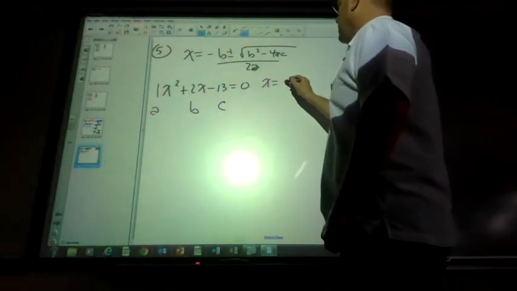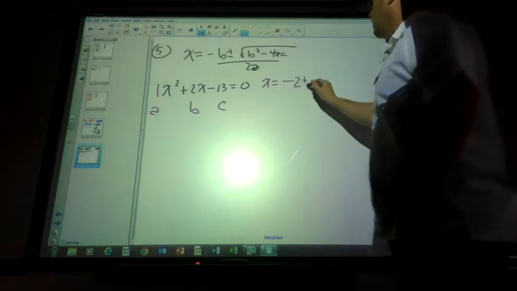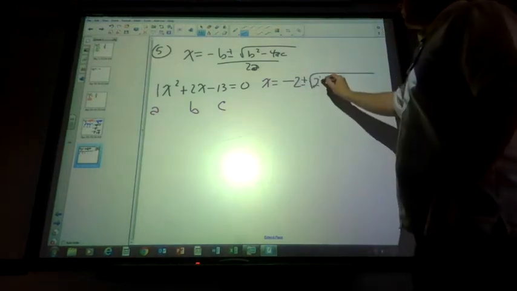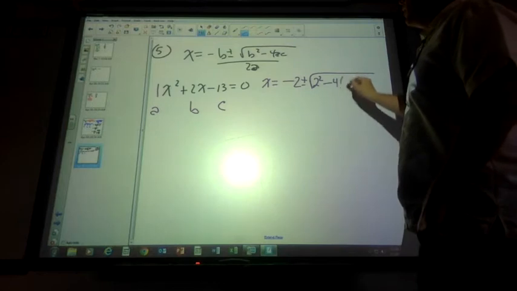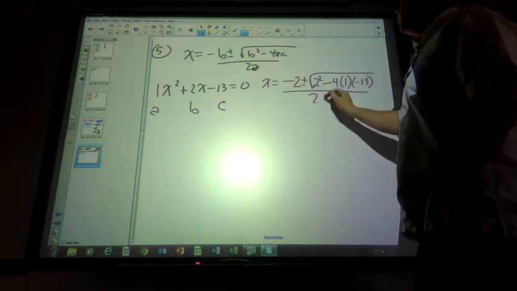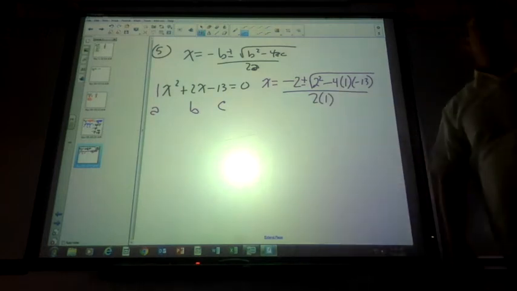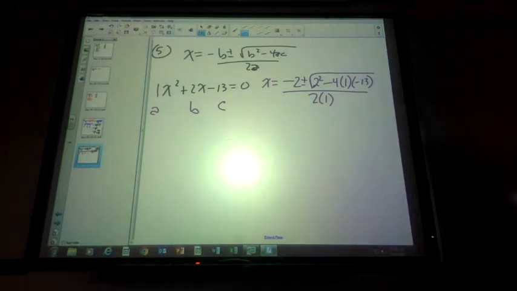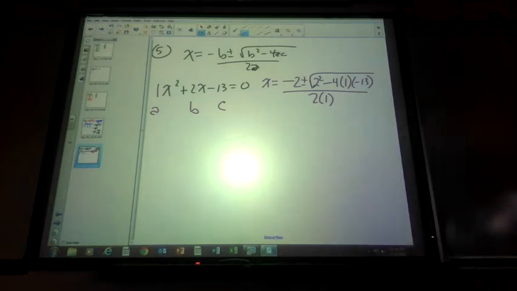So let's plug them in. X equals negative b, so negative 2 plus or minus square root b squared minus 4 times a times c, all divided by 2 times a. Do you agree? It's a formula. We're just plugging it in.